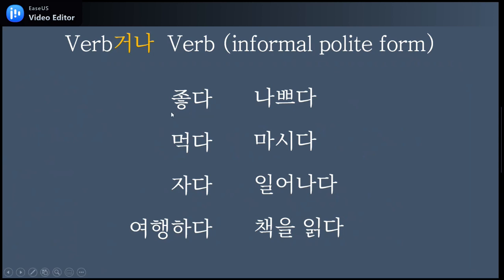So we're going to list 좋다 or 나쁘다. First of all, you have to change this bit to express 거나, isn't it? And for the final part, please stick to the informal polite form, spoken form. How does it end? 요, 아요, 어요, 해요.